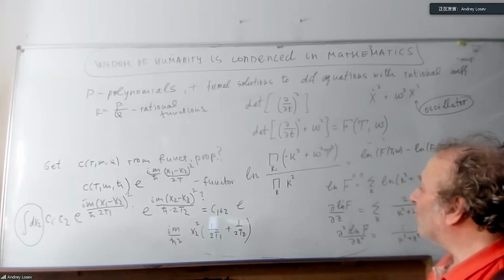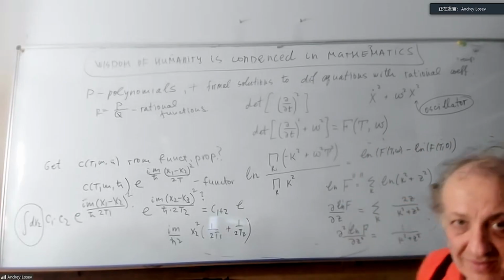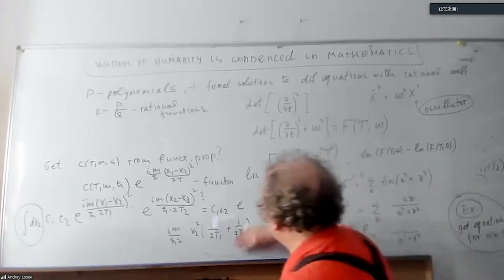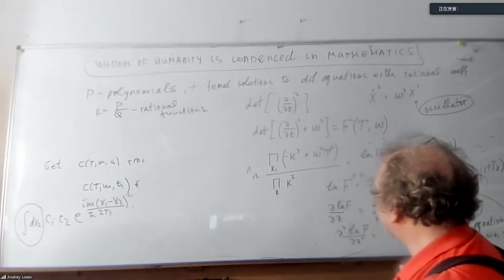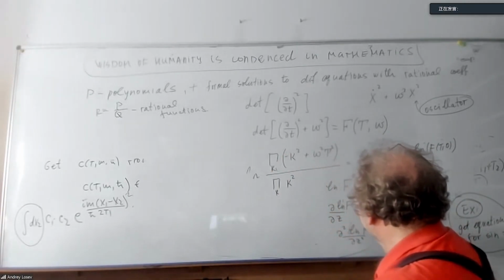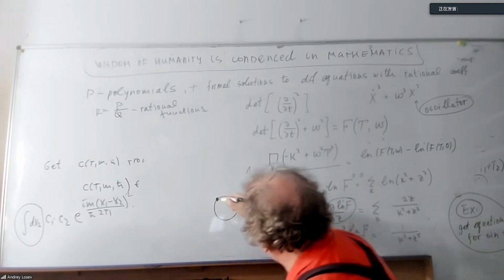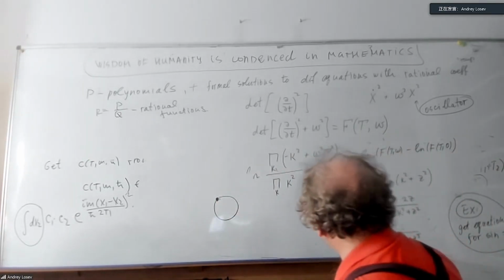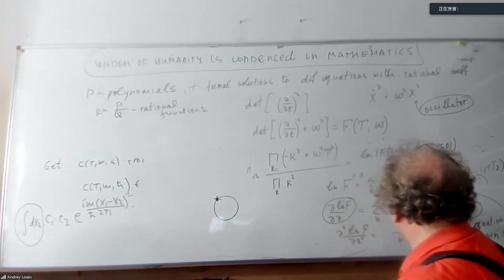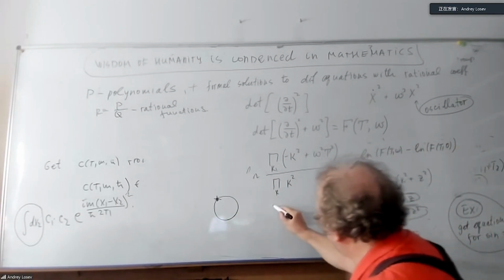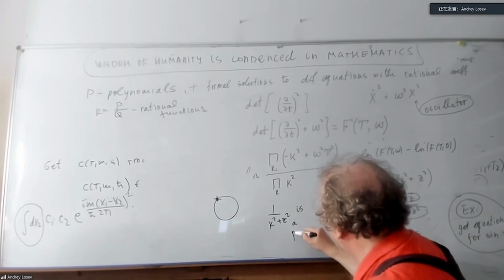And then, how do people understand it in terms of so-called Feynman diagrams? This derivative is the following thing. You have an insertion like this, and 1 over k squared plus z squared is a propagator.